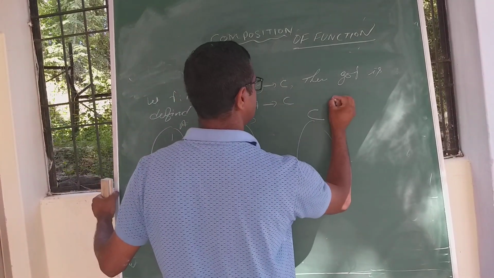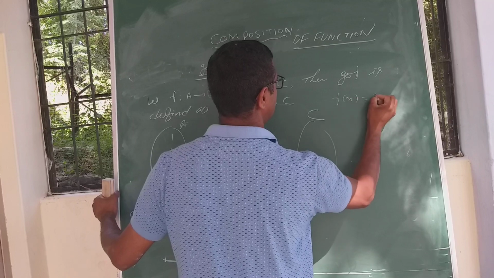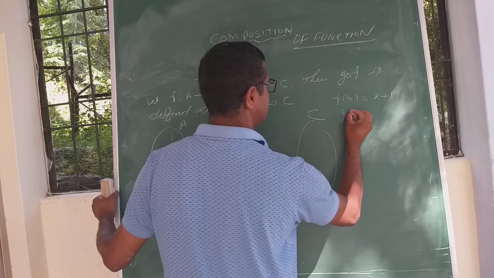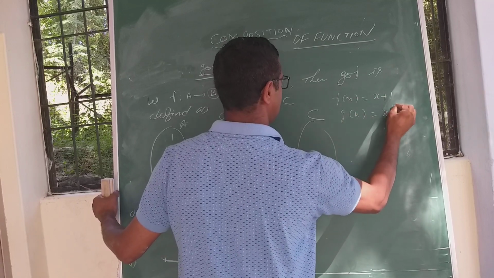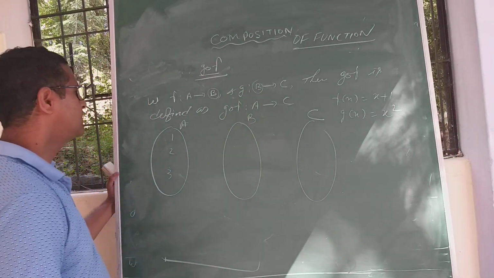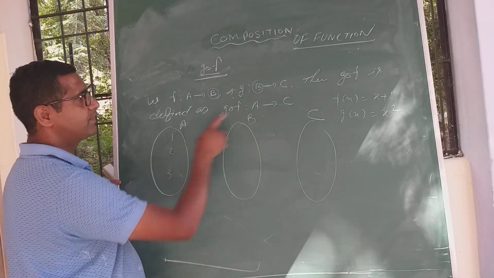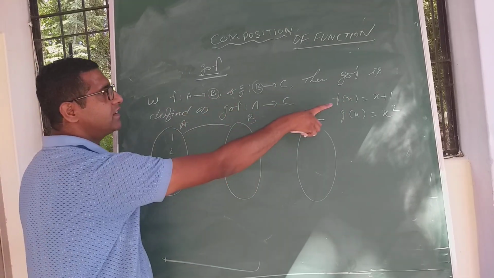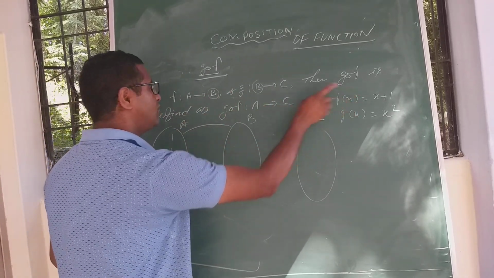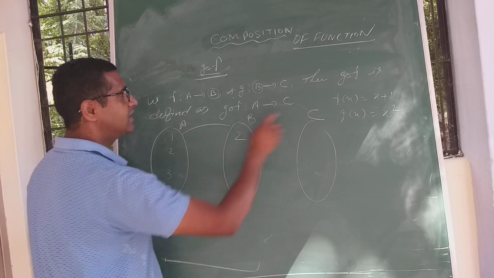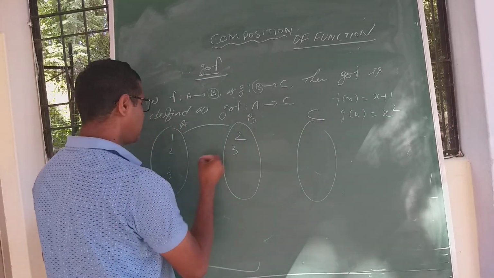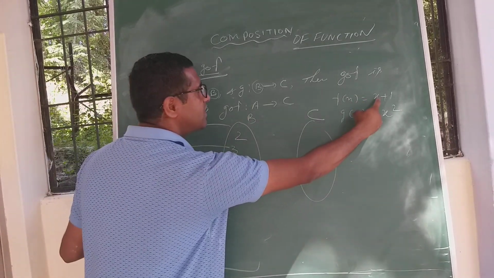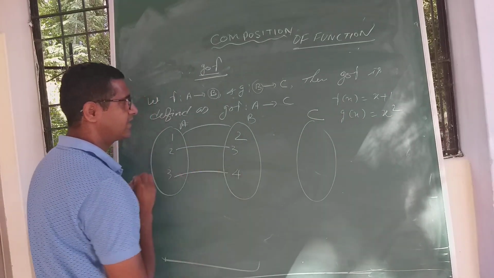Let us suppose f(x) equal to x plus 1 and g(x) equal to x square, right? Since f is defined from A to B, therefore f(1) equal to 1 plus 1, 2, f(2) equal to 2 plus 1, 3, and f(3) equal to 3 plus 1, 4, right?